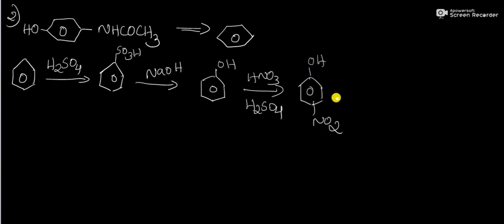Here the OH group can be protected by adding tosyl chloride, then it will convert it into tosylate.